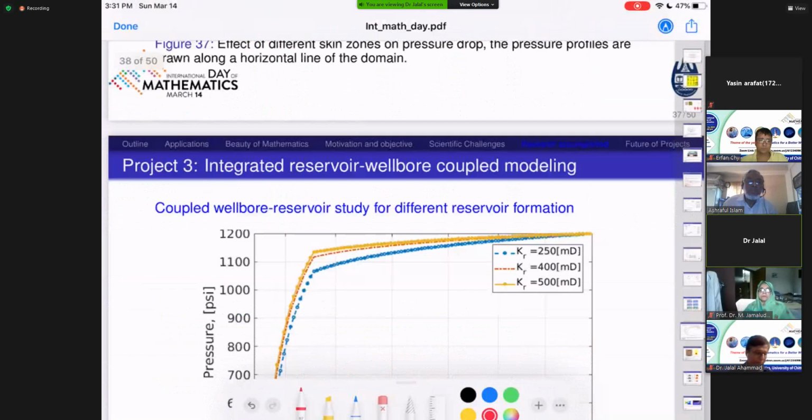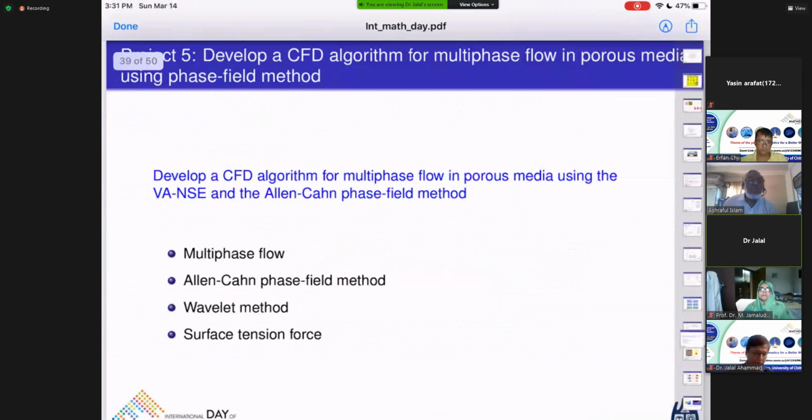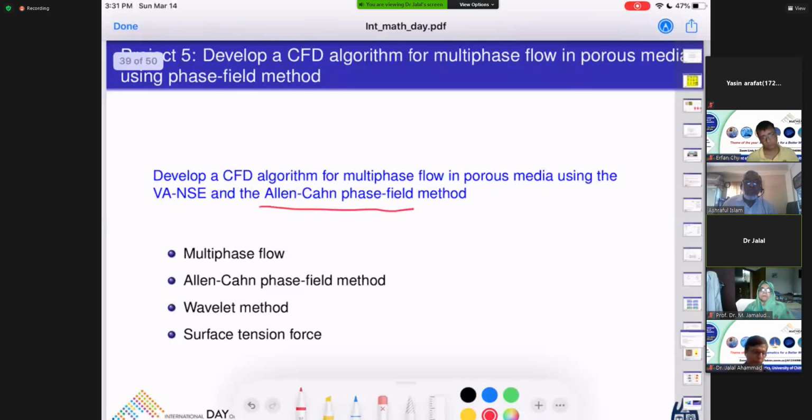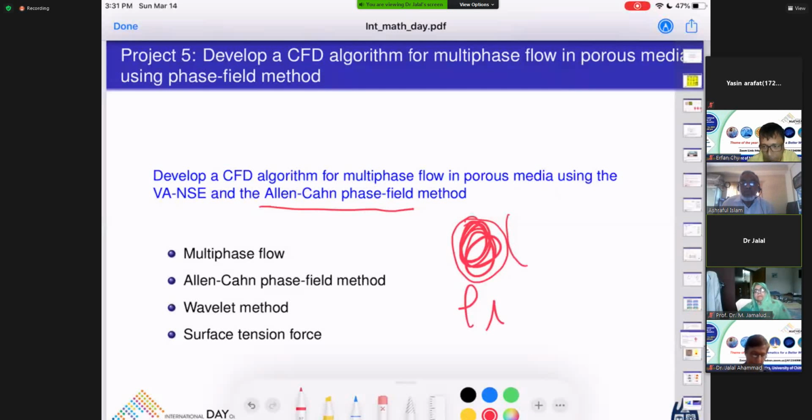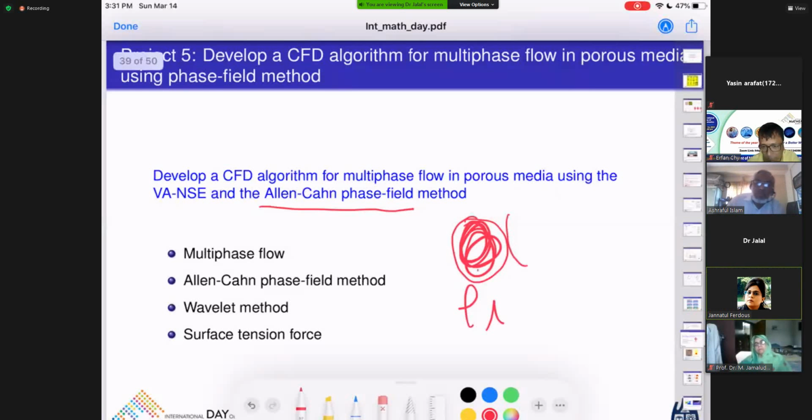In the next one, we include a Lantern phase model to understand multi-phase flow in porous media. Suppose we have one phase fluid here, that means one kind of density and viscosity. So we have another fluid here, where density and viscosity are different.